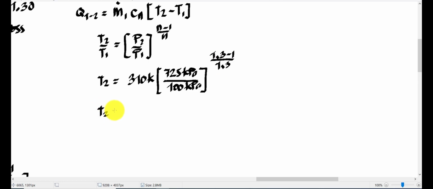So your T2 now is equal to 489.7. So this will be in terms of Kelvin.